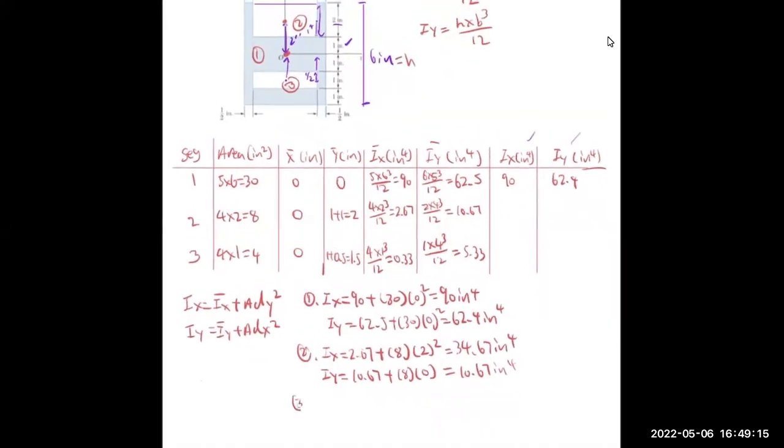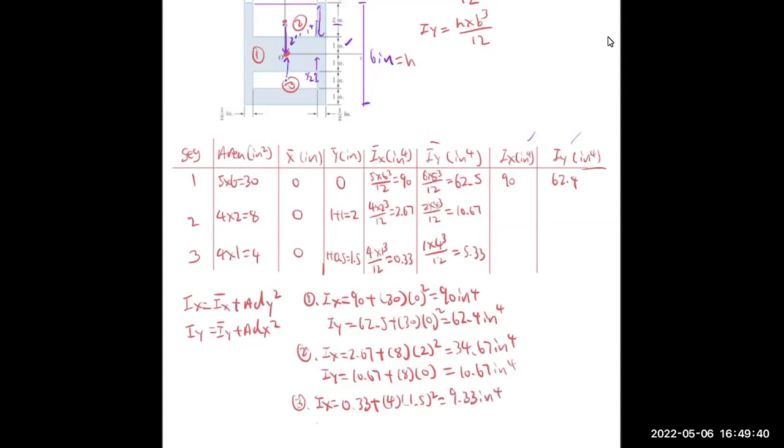And then for segment 3, Ix will be equal to 0.33 plus area 4 multiplied by the distance along the y, so that will be the y bar, 1.5 squared. That will be equal to 9.33.